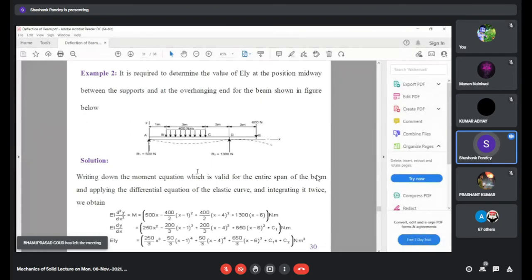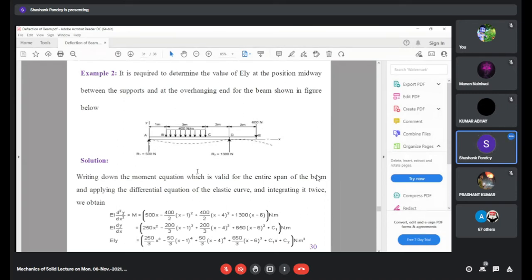These terms inside the bracket are only valid beyond a certain point of loading. We will integrate this moment equation twice, and we will get the value of EI into y. Once EI into y is known, we can always determine y, because E and I are known parameters.